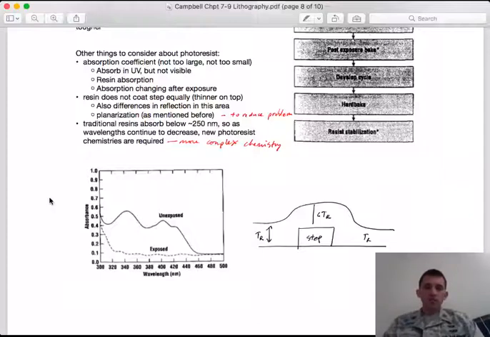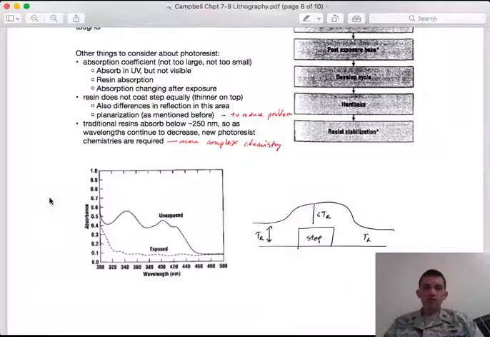the right range. If it's too large, then you're going to have trouble penetrating all the way down through the photoresist, and you're going to have long exposure times. If it's too small, then it won't be absorbing and actually driving the reaction, right?